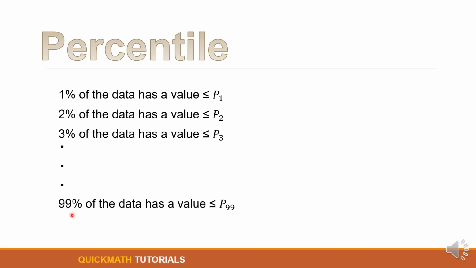Up to 99% of the data has a value less than or equal to P sub 99. So remember, if we are talking about percentiles, we have P sub 1, P sub 2, P sub 3 up to P sub 99, and the corresponding percentages are 1%, 2%, 3% up to 99%.